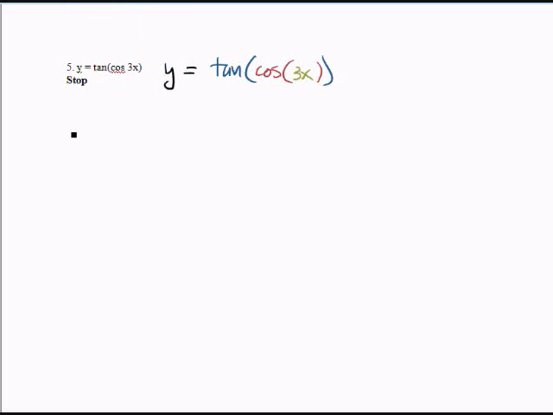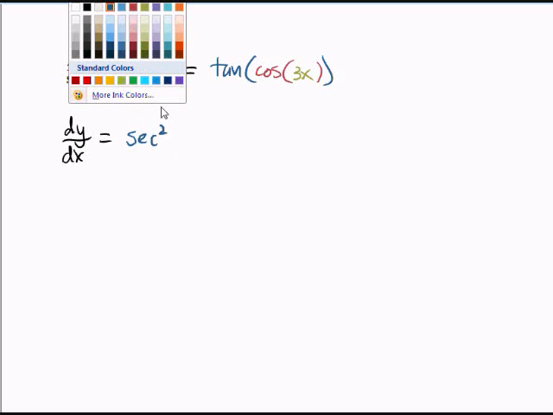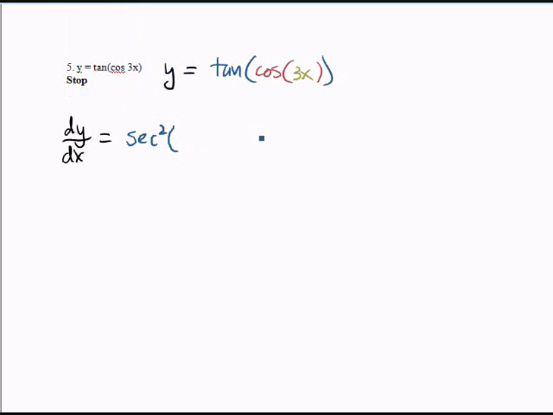So we take the derivative of tan of x is secant squared cosine 3x times the derivative of the red function, which in this case is cosine, is negative sine 3x times the derivative of 3x, which is just 3.